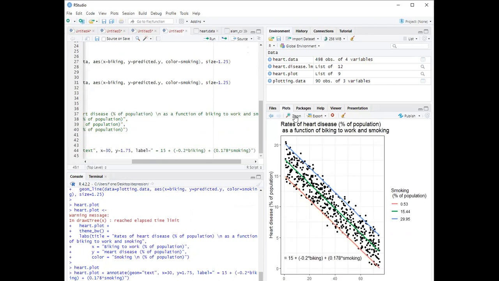So this is the same graph, but you can see that an equation which you found by applying the multiple linear regression has been written here.